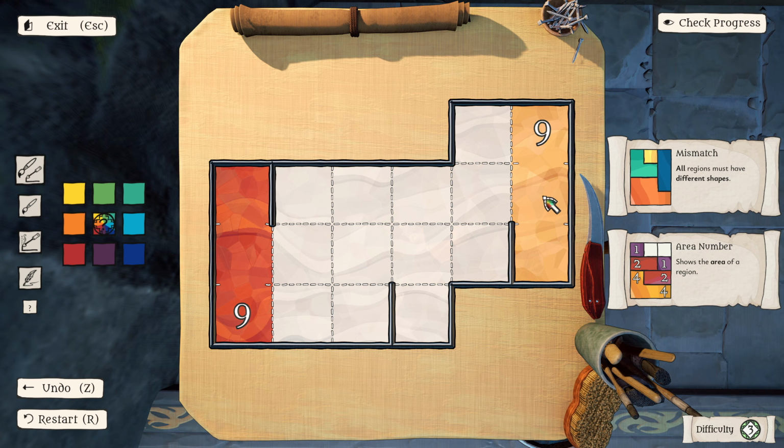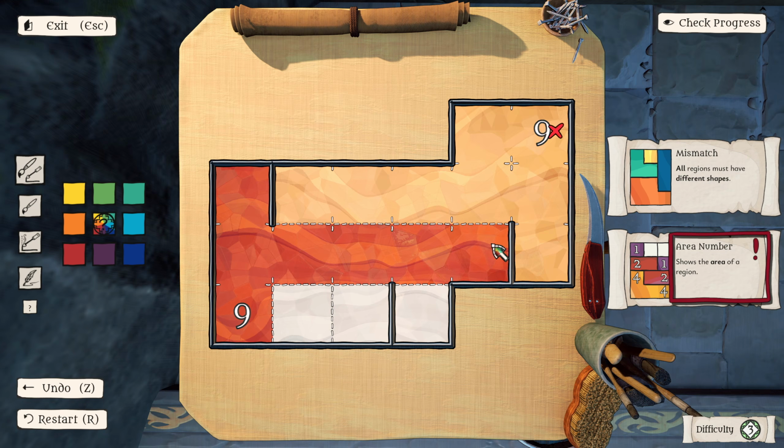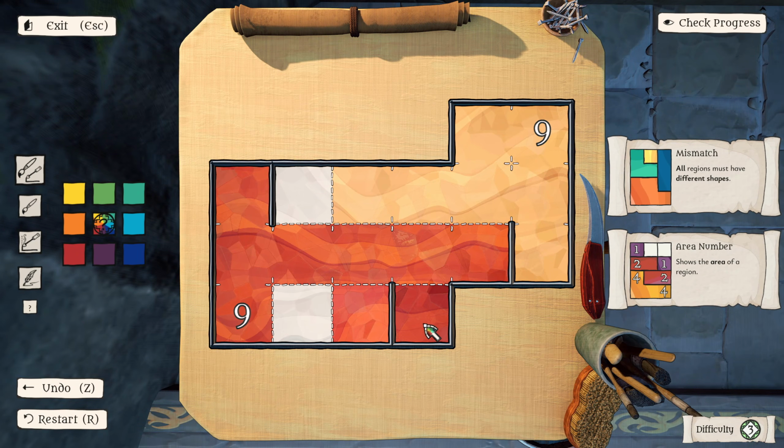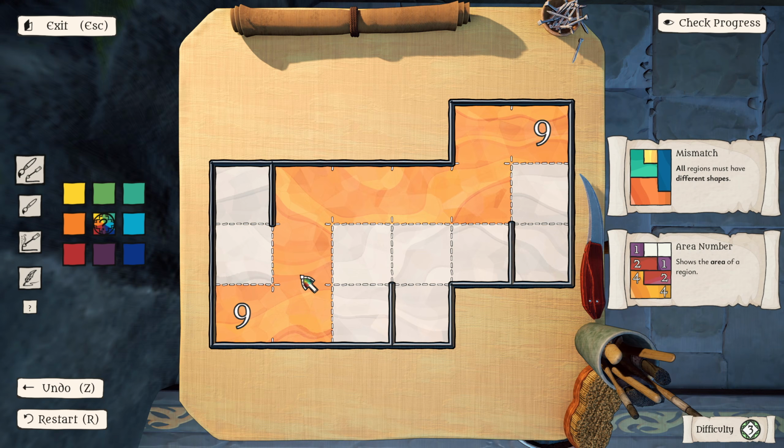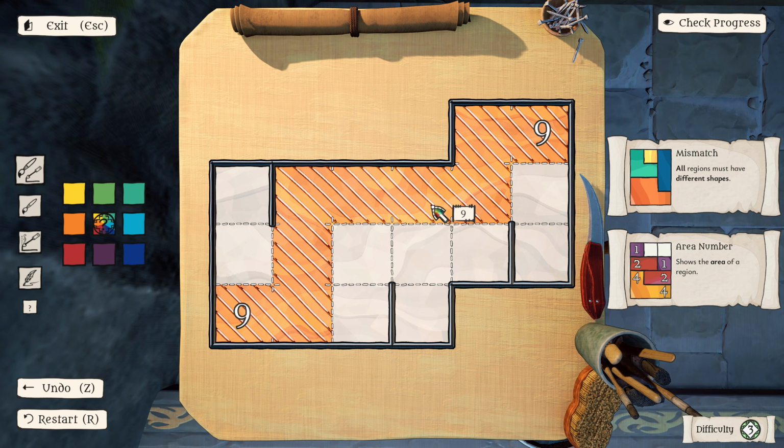Because if this is going to colour in that, this has to colour in that, but we can't have different colours on the sides of this now. But where do we get the extra? It's just like, how do we draw 1, 2, 3, 4, 5, 6, 7, 8, 9 tiles with different shapes?